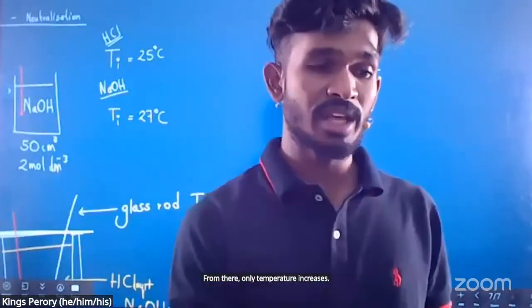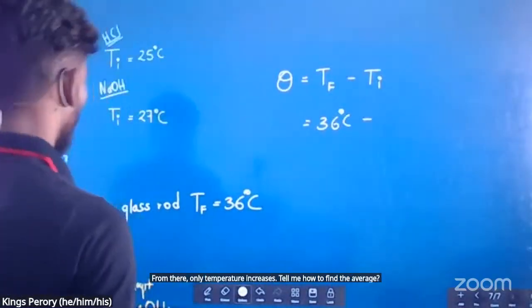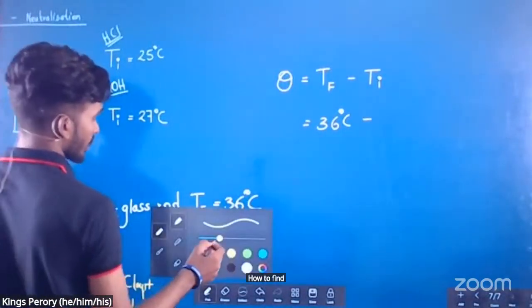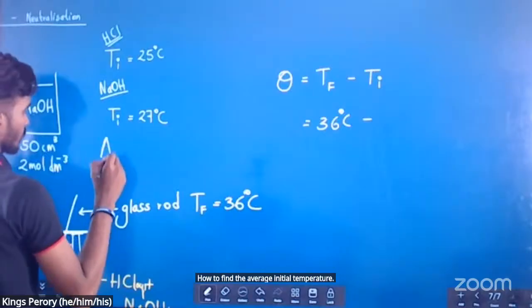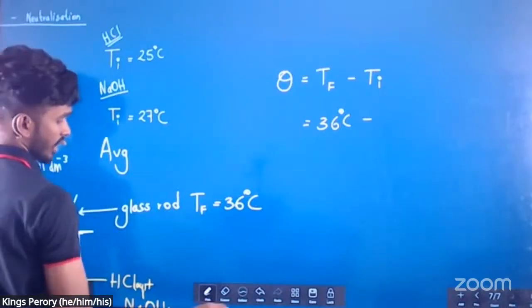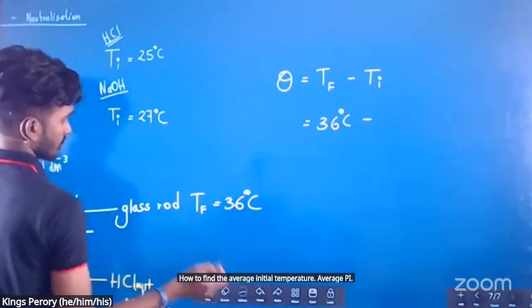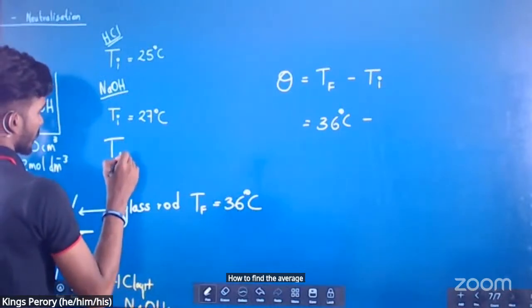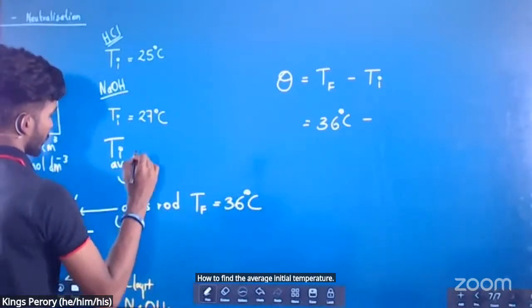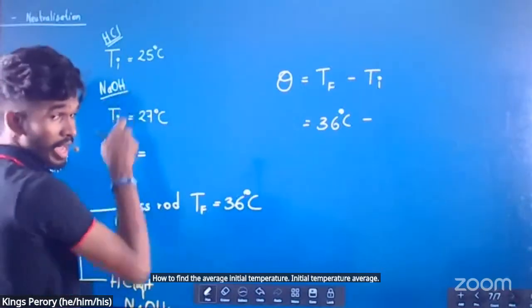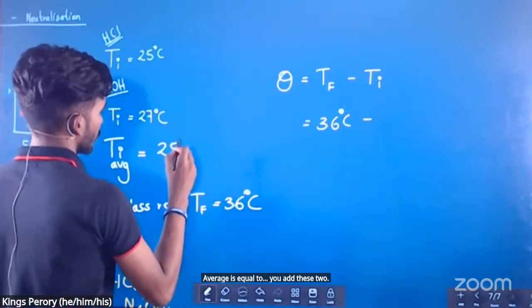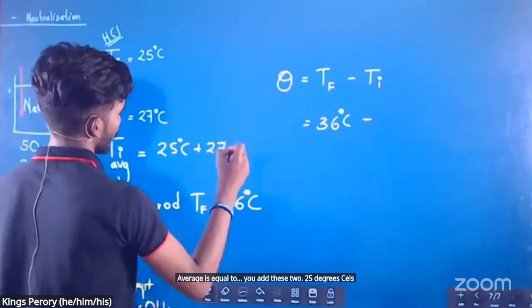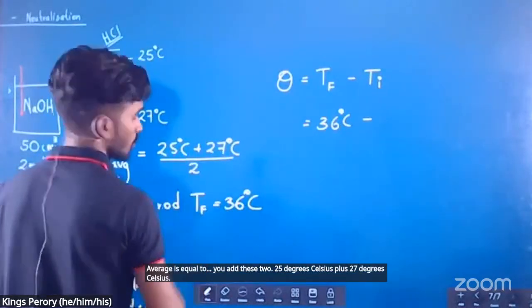Tell me how to find the average initial temperature. Average Ti. Average is equal to, you add these two, 25 degrees Celsius plus 27 degrees Celsius, divided by 2.